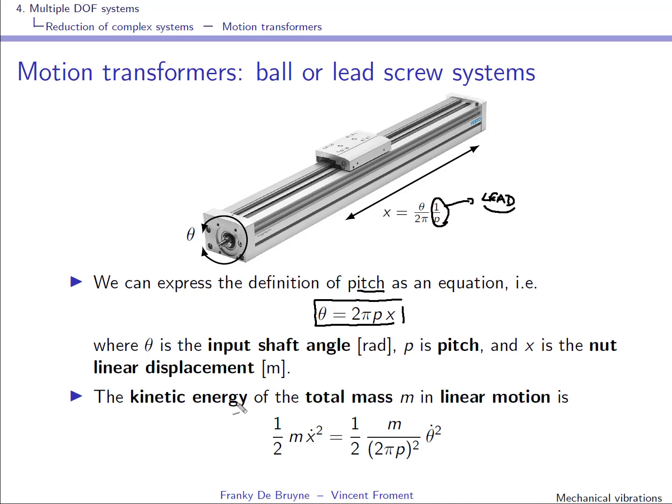So let's have a look again at the kinetic energy only of this nut plus the load it's connected to, and we'll call this mass M, and it's in linear motion, so the kinetic energy is given by this equation. But you can try to transform it back, because of course theta dot is equal to 2 pi times pitch times x dot.